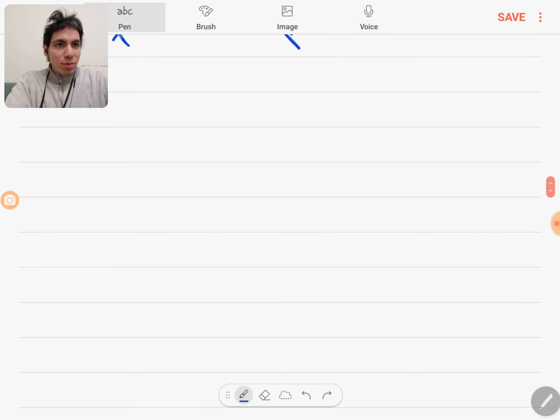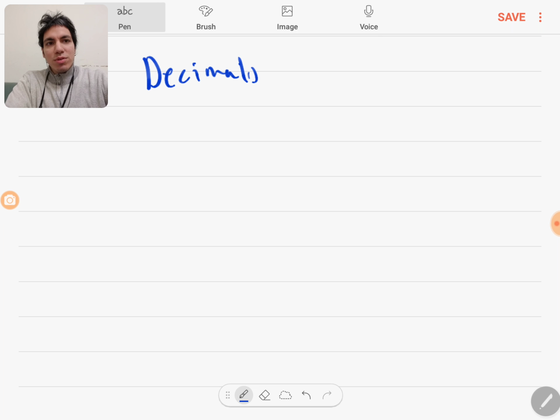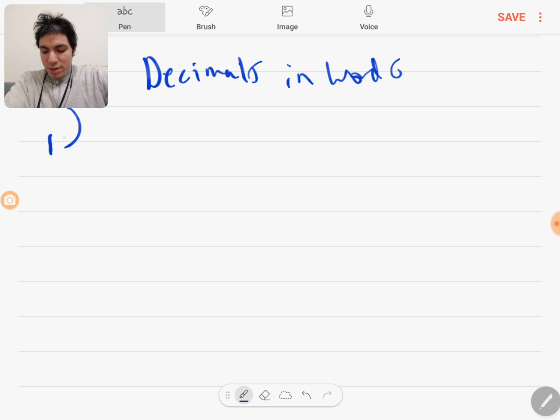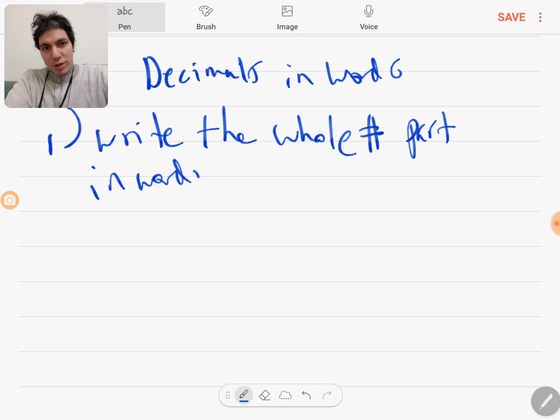Let's scroll down a little bit more. So let's understand, how would we write a decimal in words? The first part, you'd write the whole number part in words.